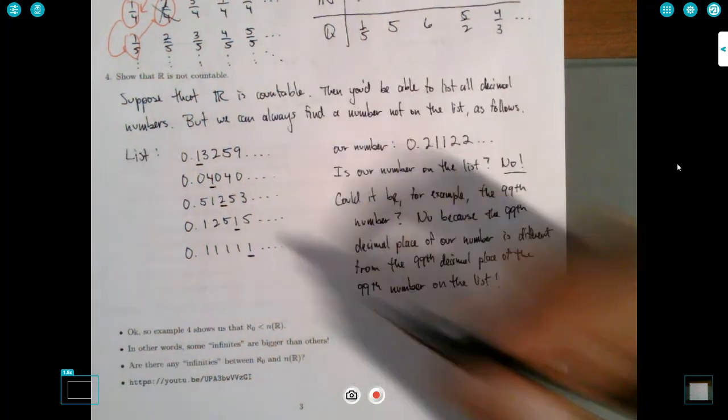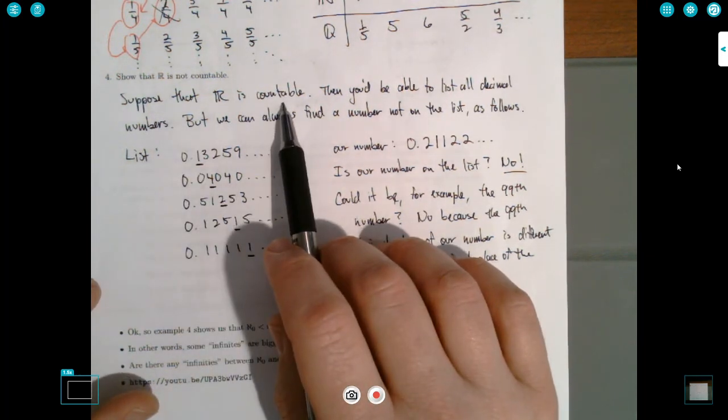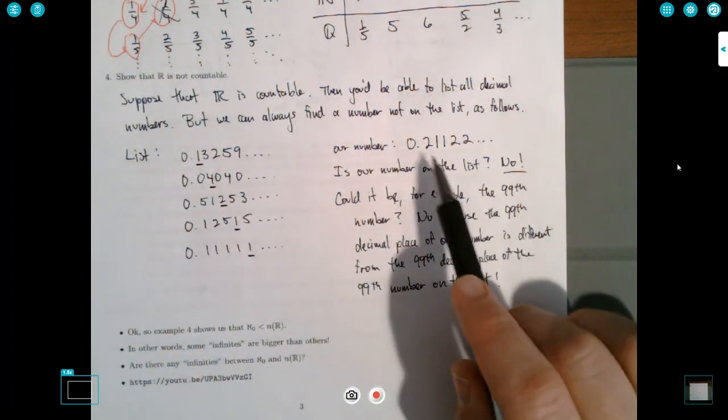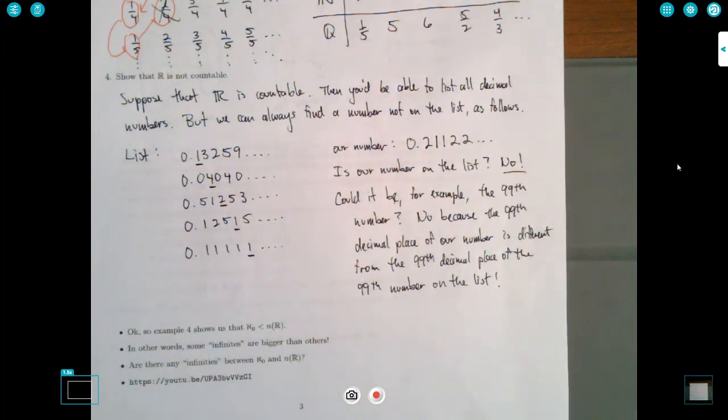All right, so since this list is incomplete, that tells us that our assumption must have been wrong, and so R is not countable. And in fact, even if you put this new number that we make onto the list, we can still do this process again and find a new number that's not on the original list.